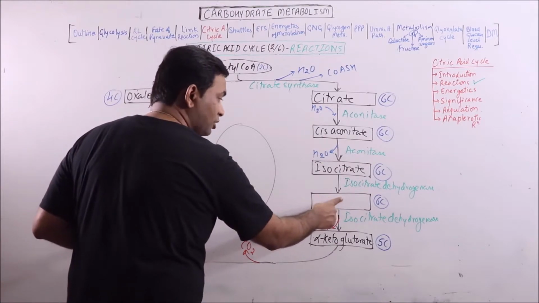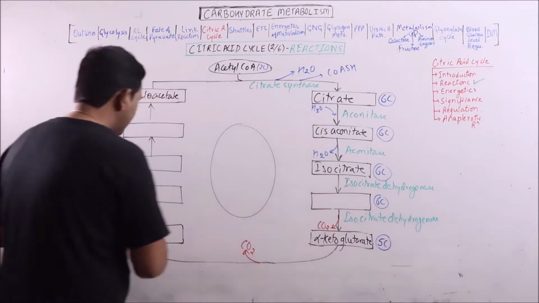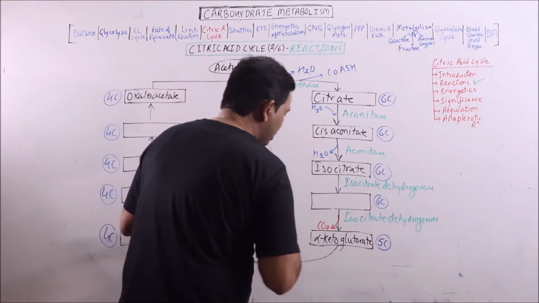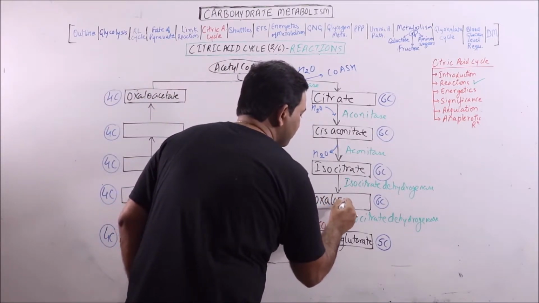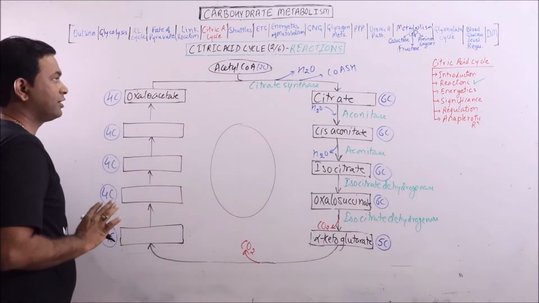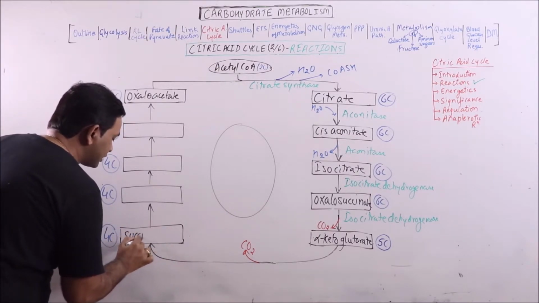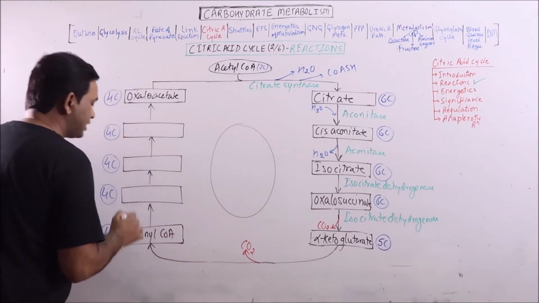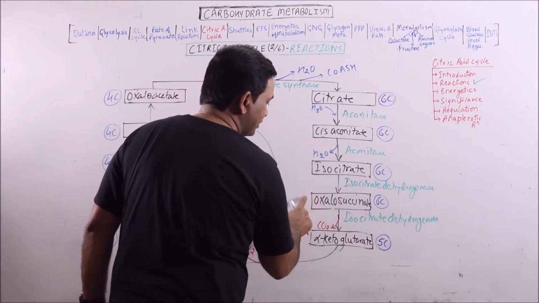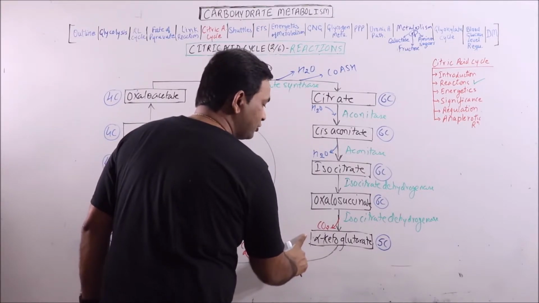So the compound which does not start with the succinate name is oxalosuccinate, so we'll write oxalosuccinate first. And the last 4 compounds do not have coenzyme A. So this should be the compound with coenzyme A, that is succinyl coenzyme A, and this one is succinate. So isocitrate results in formation of oxalosuccinate, and oxalosuccinate results in formation of alpha ketoglutarate.